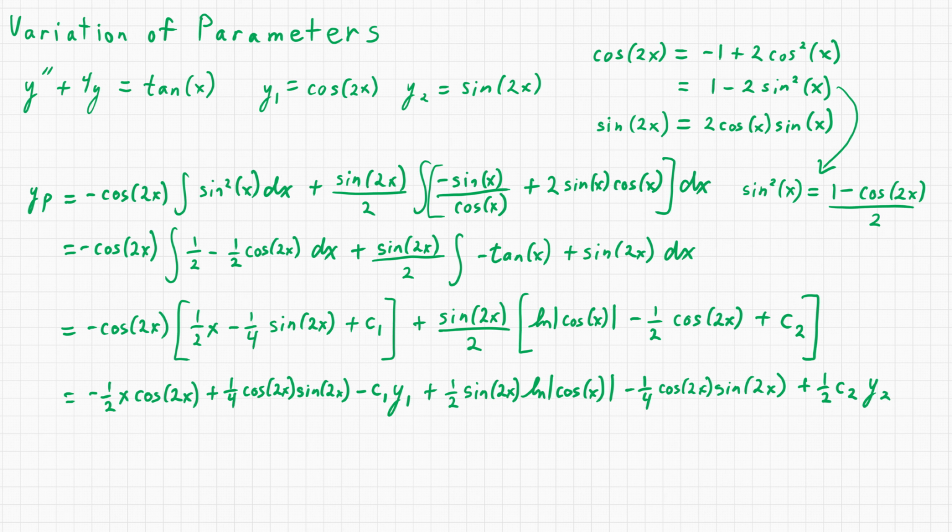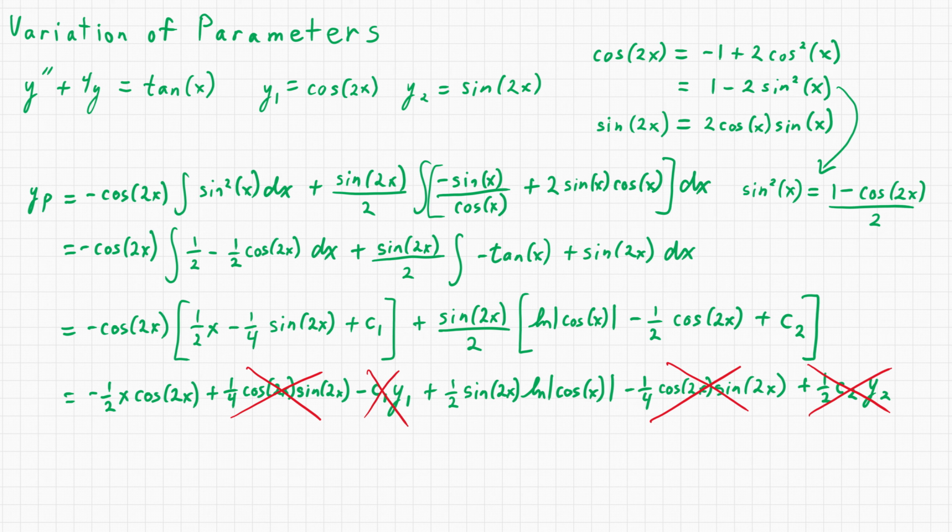So now looking at these, we can actually cancel some stuff. The first thing is these actually cancel, right? Positive 1/4, negative 1/4. We don't really want to have the homogeneous solutions inside of the particular solution, so we're actually going to get rid of those as well, this minus c1 y1 and this plus 1/2 c2 y2.